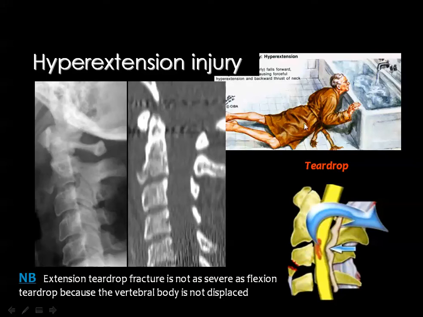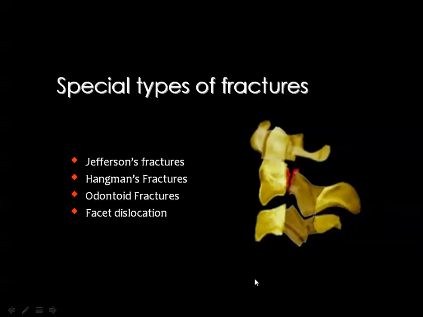In this fracture, where hyperextension of the neck is present, you get only separation of the anteroinferior corner of the vertebra, and the rest of the vertebral body is intact. The vertebral body is not displaced, and it is not encroaching on the spinal canal. So we have two types of teardrop fractures: the flexion one, which is very severe, and the extension one, which is not severe like the flexion one.